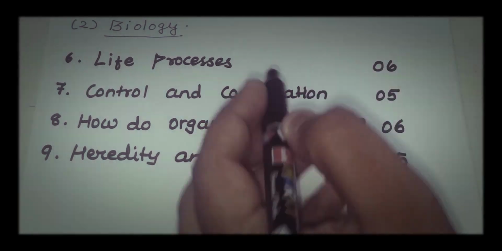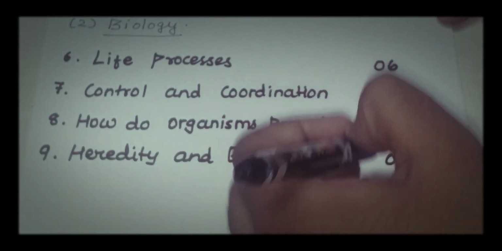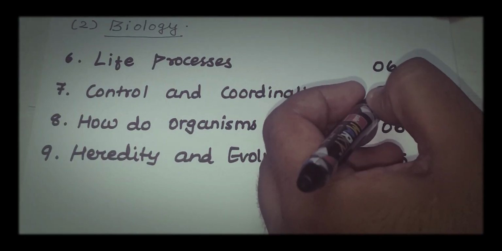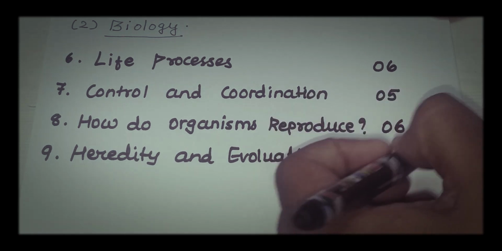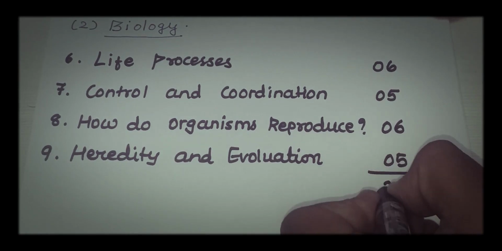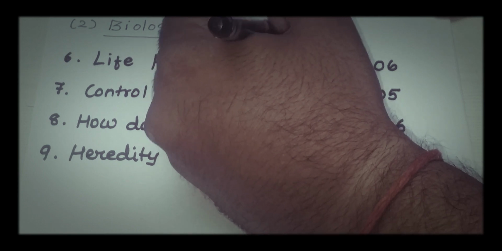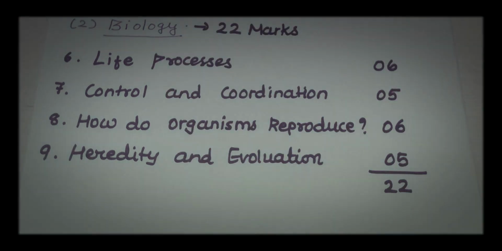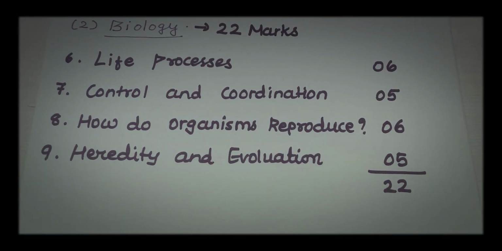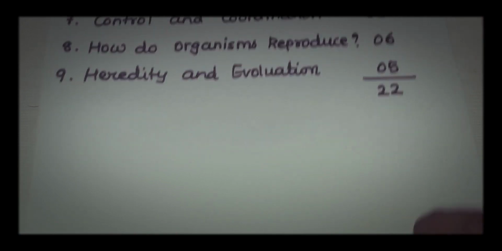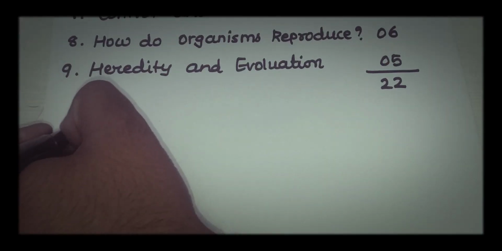So the total weightage of the biology chapters is 6 plus 5 plus 6 plus 5. It means 22 marks. It means biology weightage is 22 marks. Then our third portion is physics.